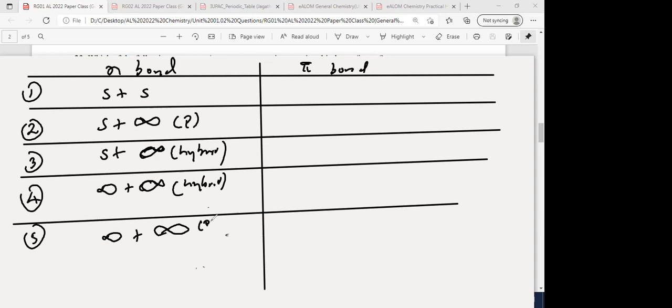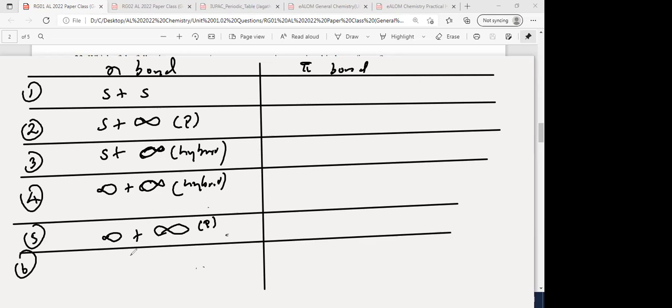That results in a sigma bond. Please copy this down in your short notebook. S orbital always sigma. S plus p orbital, sigma. S plus hybrid orbital, sigma. And there's one more possibility, pp overlapping.